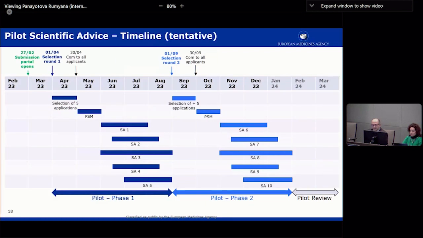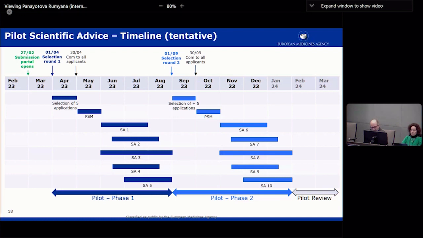in the fact sheet. So the current pilot project that is ongoing follows this timeline. The timeline is still tentative, so we'll need to adjust. That's why we are having the pilot, of course. It started on the 27th of February with the submission of letters of interest, where the applicants submit high-level information on what type of device it is and what they would like to ask for the further development, and this process will go on until the end of March.